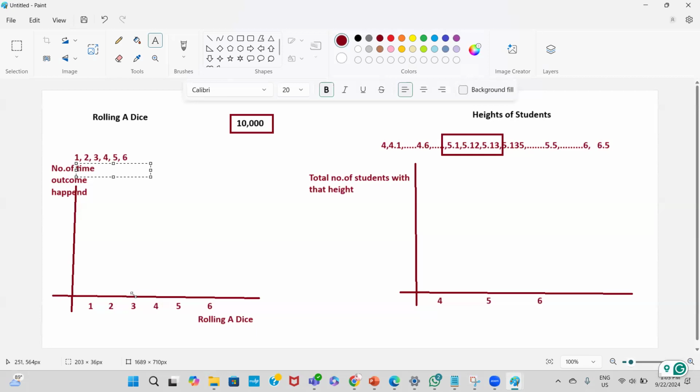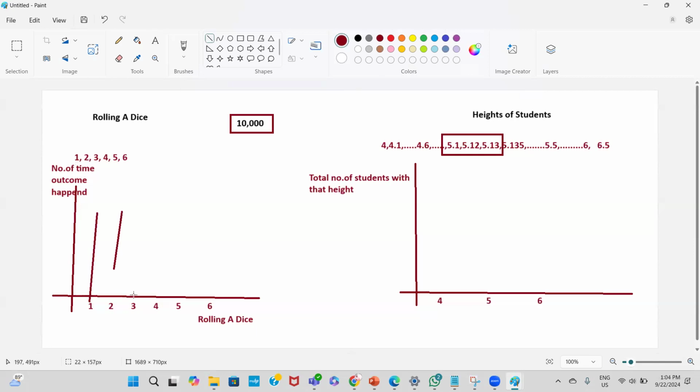Whatever the probability depends on the experiments we do, but every number will have an equal probability all the time.